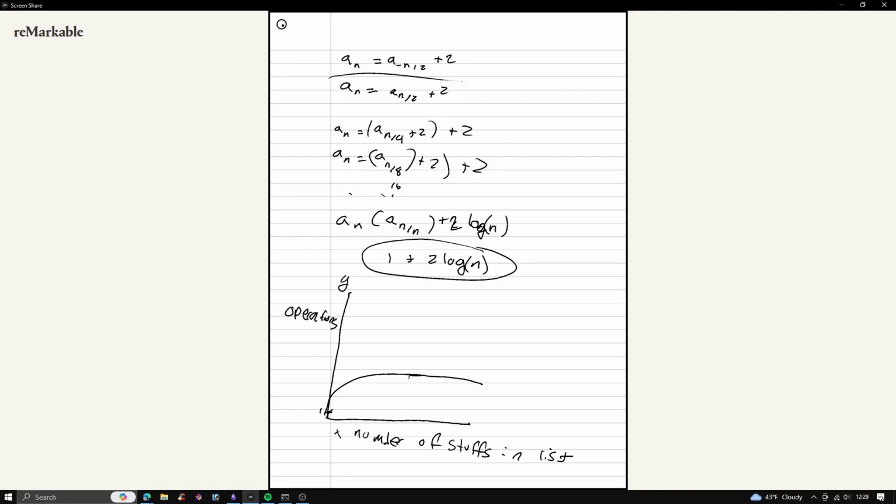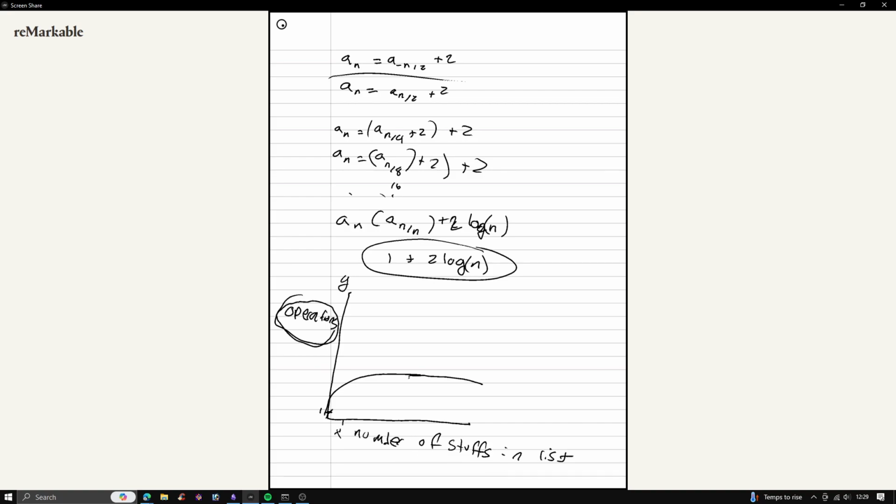Well, if you consider binary search, the number of operations didn't really increase very much when we went from 10 to 100. It increased by like 3, even though the number of stuff in the list went up by basically 90.